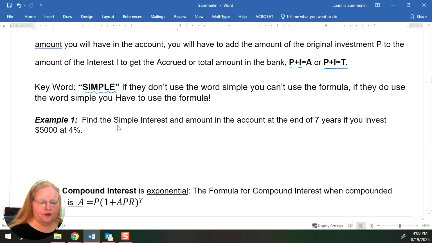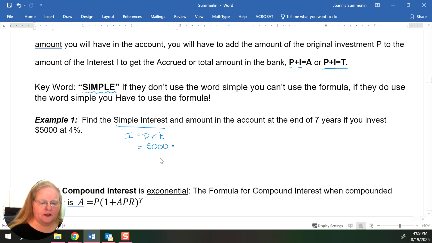Find the simple interest, and the amount in the account at the end of 7 years if you invest $5,000 at 4%. So they want us to find the simple interest, so I'm going to start with the interest formula. My principal, that's the amount that they put in, that's going to be my $5,000.